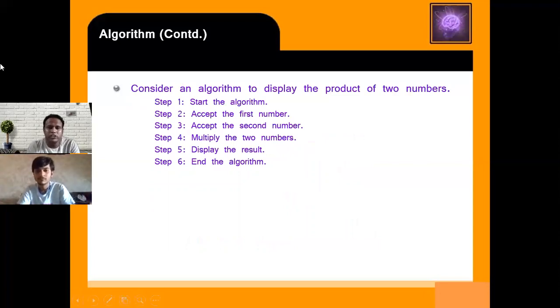First you start the algorithm, then accept the first number, then accept the second number, multiply the two numbers, and display the result. End of the algorithm. So these are the steps that we follow for multiplying the numbers and displaying the result.